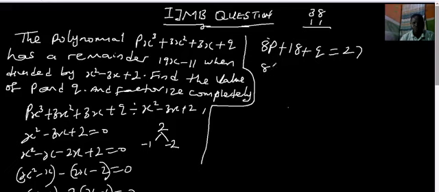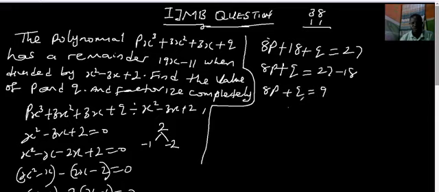So you will have 8p plus 18, 8p plus q equal to 27 minus 18. So here you have 8p plus q equal to 9.